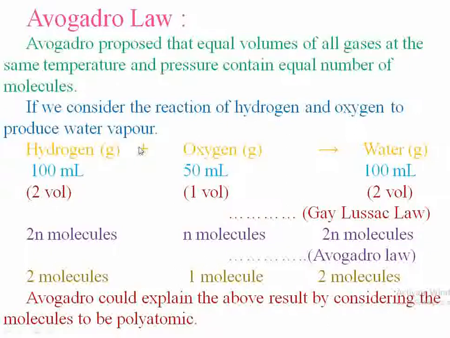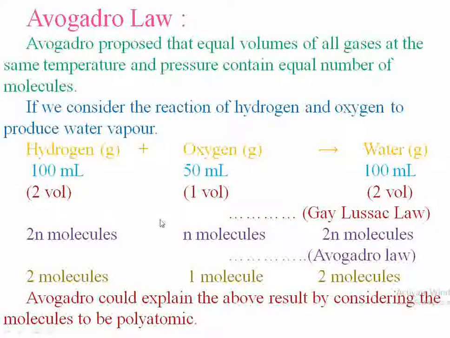to produce water vapors, in this case hydrogen gas combines with oxygen gas to produce water. This example is similar to that of the Gay-Lussac law. 2 volumes of hydrogen and 1 volume of oxygen combine together to form 2 volumes of water, according to Gay-Lussac law.